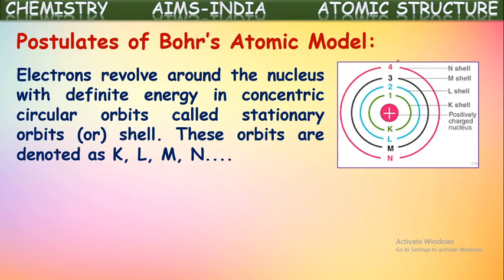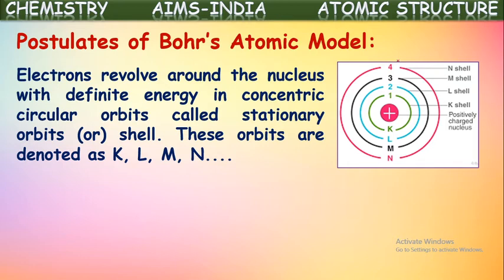Now these orbits are denoted with the symbols K, L, M, N, and so on. The shell nearest to the nucleus is denoted with the symbol K, and next to that L, and next M, and next N, and then O. In this way, denotations are given for the orbits in an atom, and the same orbits are given numbers also.